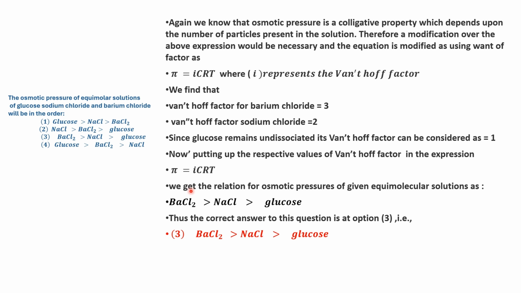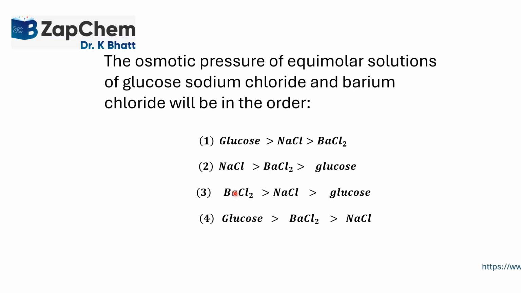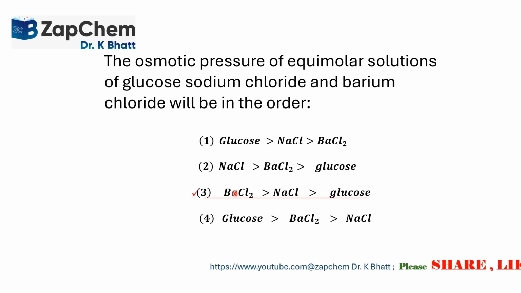So if we put up the value of i, you get the correct answer as BaCl2 solution has greater osmotic pressure than sodium chloride solution, and glucose has the lowest osmotic pressure in this case. So option 3 is definitely the correct answer.